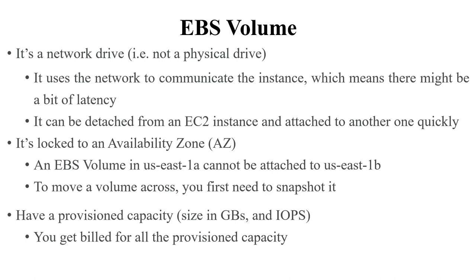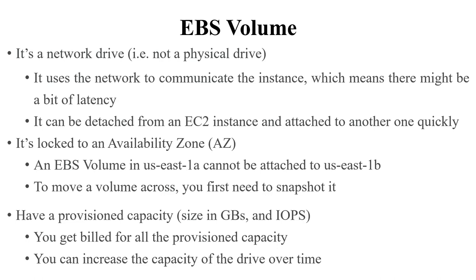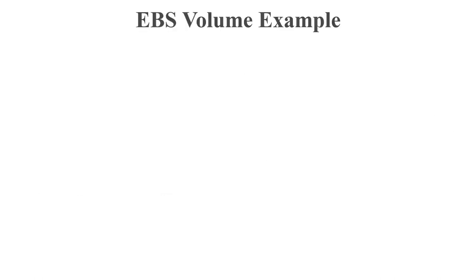But you get billed for all the provisioned capacity, whether size based or IOPS based. You can increase the capacity of the drive over time, at any time. That is about EBS volumes.